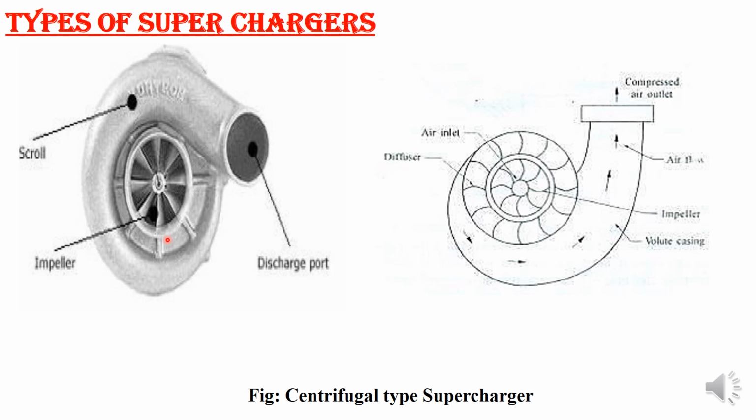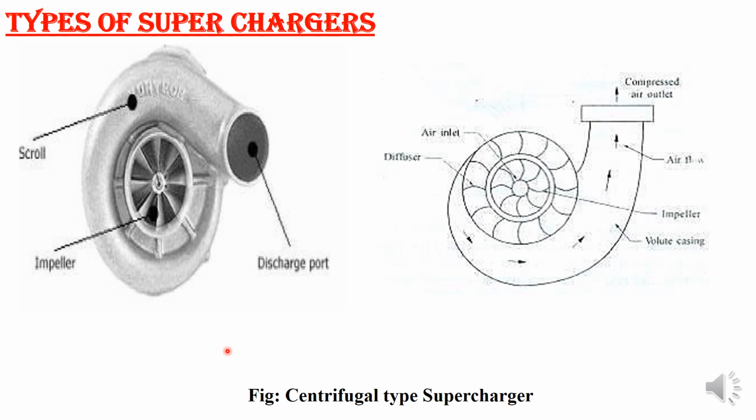This is the major difference between a turbocharger and a mechanical supercharger that you have to remember. Now we have three types of supercharger: the centrifugal type, the root blower type, and the vane blower type. Now we will look into the centrifugal type of compressors.